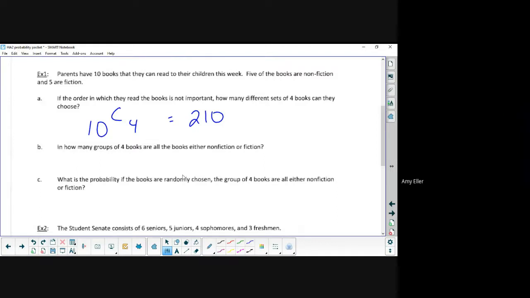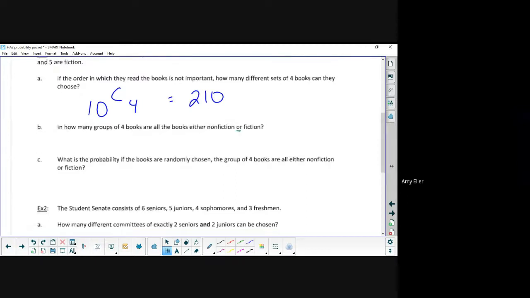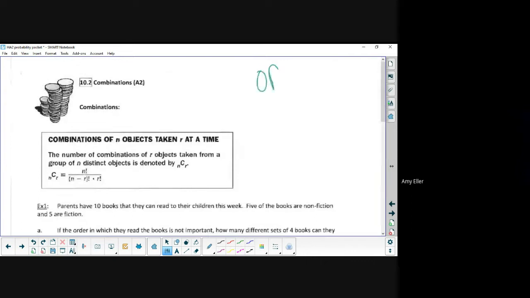B. In how many groups of 4 books, as we know out of the 10, I'm picking 4, are all of the books either nonfiction or fiction? The word or is very important. I would, at the top of your notes, write this. Or means add. Or means add.